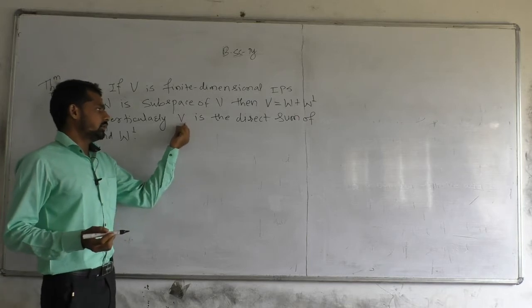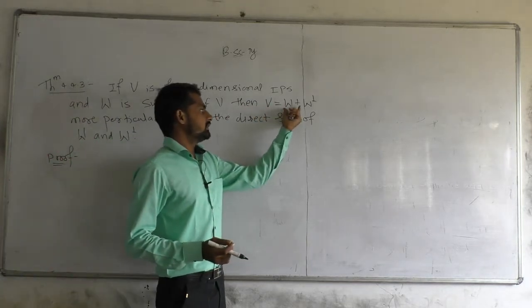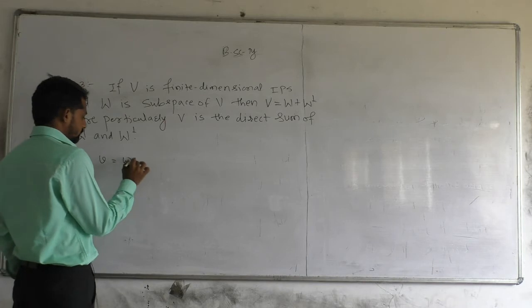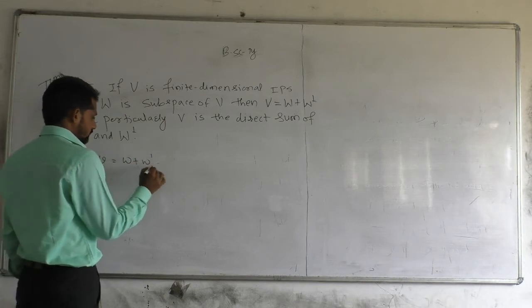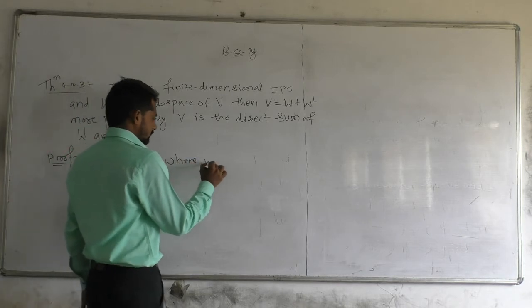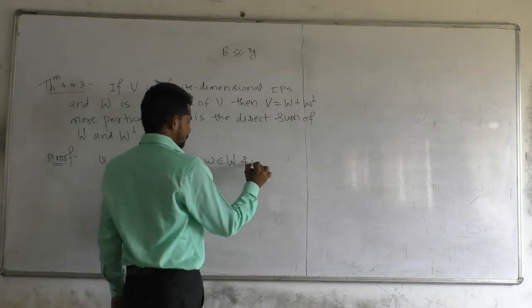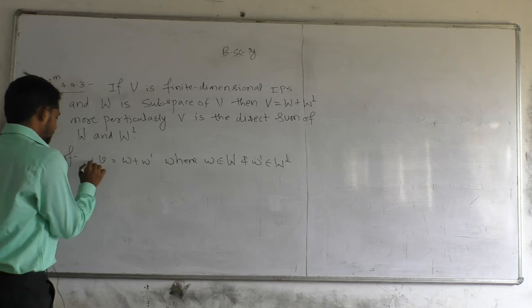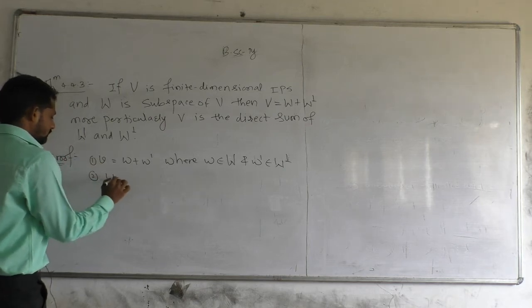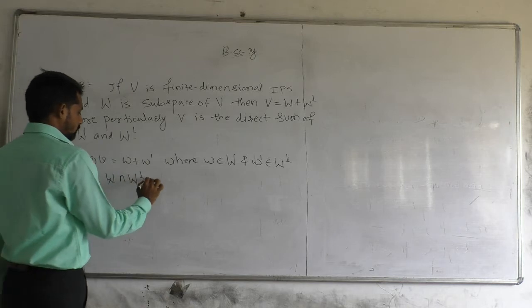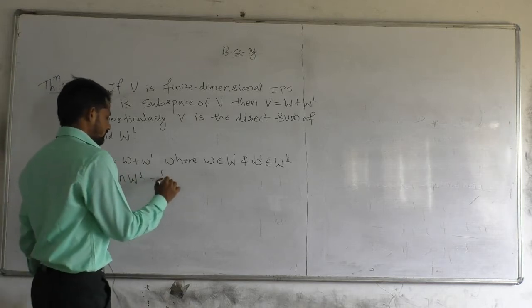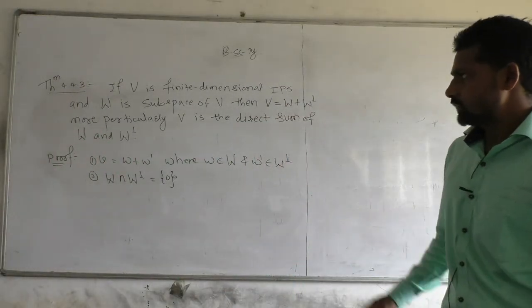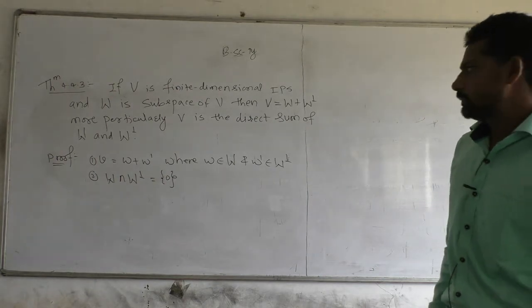First is, any element of V can be uniquely written as a sum w plus w dash, where w belongs to W and w dash belongs to the orthogonal complement of W. And the second thing we have to prove is that W intersection the orthogonal complement of W is the singleton 0. These two things we have to prove in this theorem. Then automatically the theorem is proved.